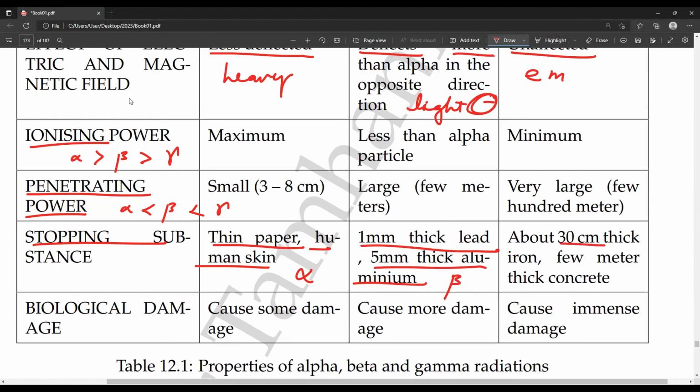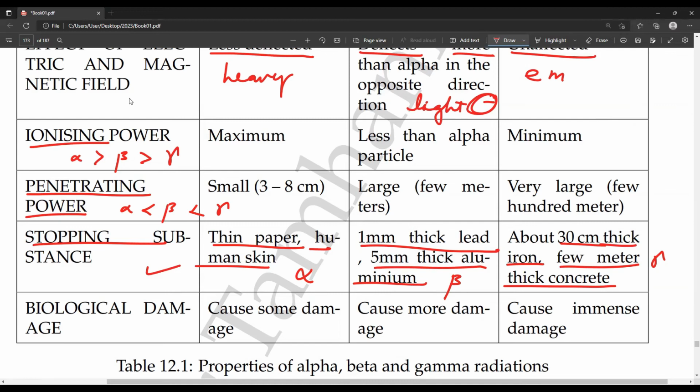But 30 centimeter thick iron or a few meters of concrete, like the pillars of the metro, can block gamma. So if you have a metro pillar and gamma radiation entering, there are chances that it will pass through that as well. Okay. So this you should know.